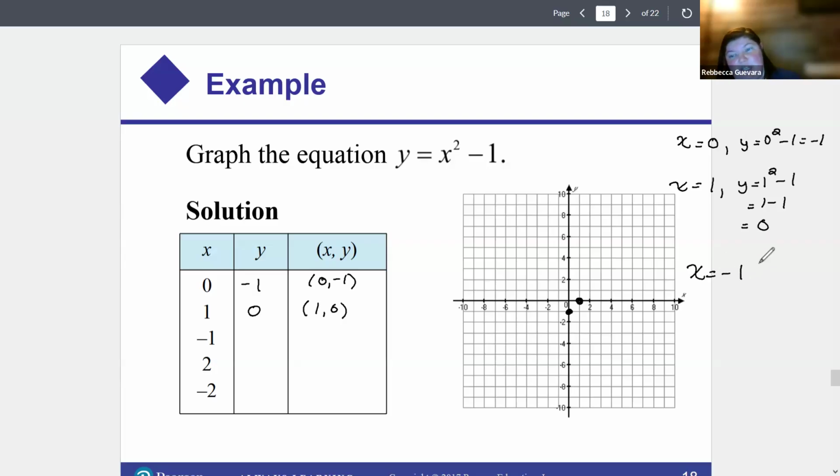If x is equal to -1, we are going to have y is equal to, so put parentheses, remember, because you're substituting in, put parentheses because that x is now being replaced with a -1. So it's the -1 gets squared minus 1, which is going to give me -1 times -1 is just 1 minus 1, and we get 0 again. So we have -1, 0.